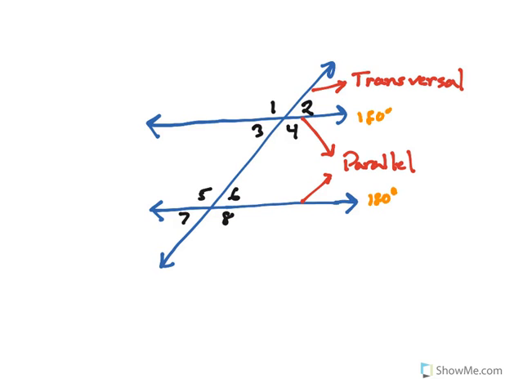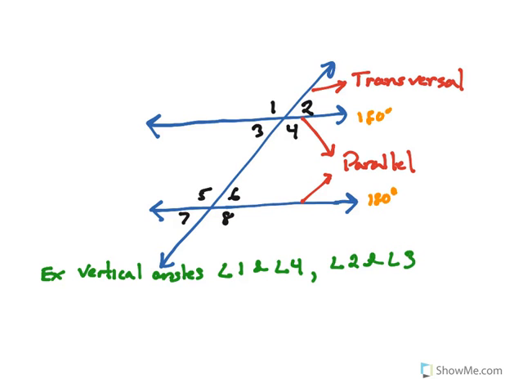Okay? And so, this is an example of vertical angles. Let's kind of sum up what we already mentioned. So examples of vertical angles, well, there'd be angle 1 and angle 4. Another one would be angle 2 and angle 3. All right?